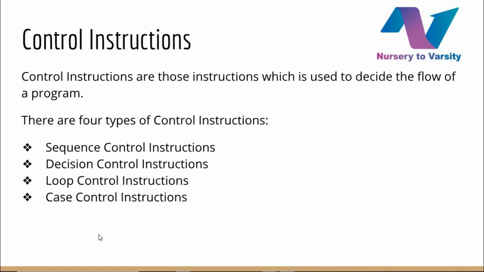But suppose we have to skip a line or we need to print hello world 10 times, then what do we have to do? Then we need control instructions. There are 4 types of control instructions: sequence control instruction, decision control instructions, loop control instructions, and case control instructions. We will discuss each of them in detail in our upcoming video.